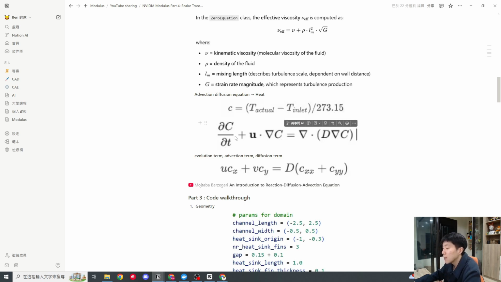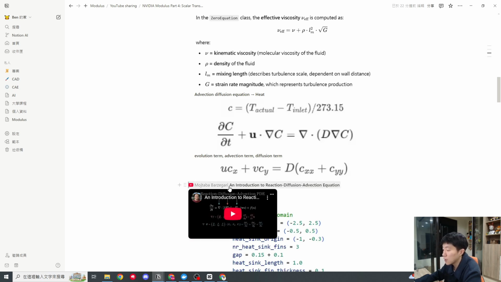The evolution term describes how temperature changes over time, the advection term accounts for heat transport due to fluid motion, and the diffusion term models heat spreading due to thermal conduction. In our 2D domain, we solve this equation to reach an equilibrium state where the temperature distribution stabilizes. For a deeper understanding, you can check out this video on the scalar transport equation.